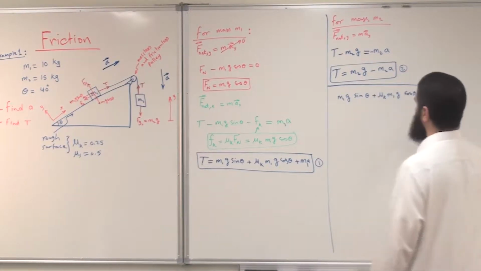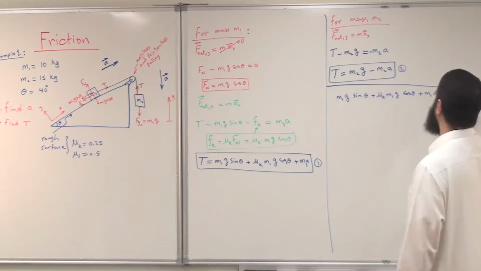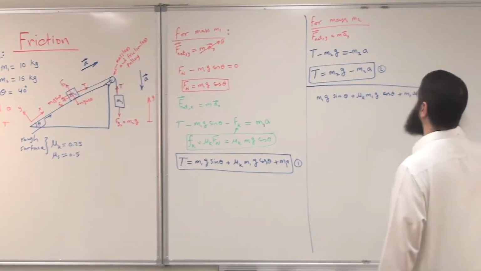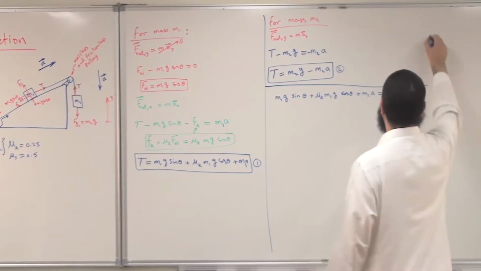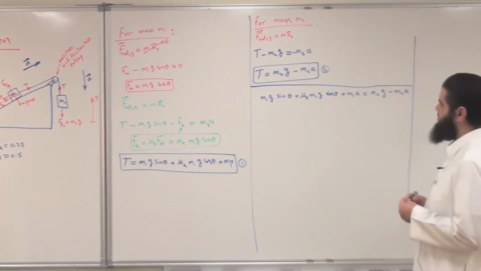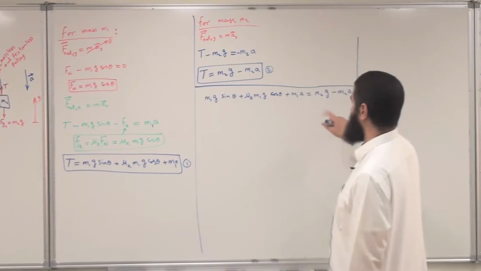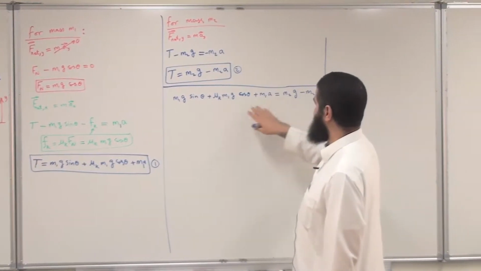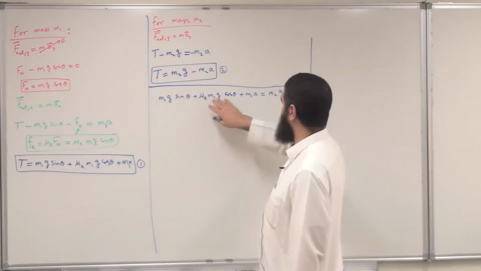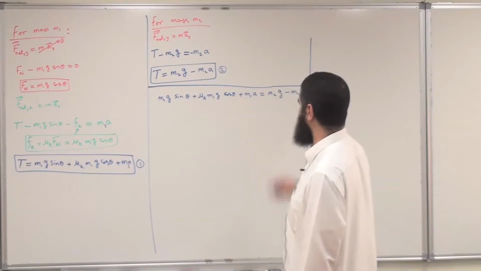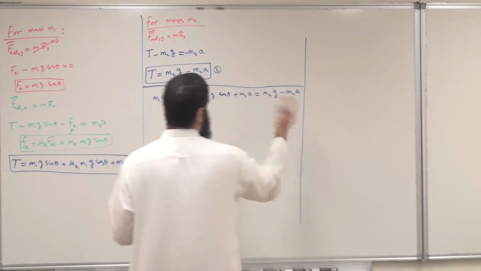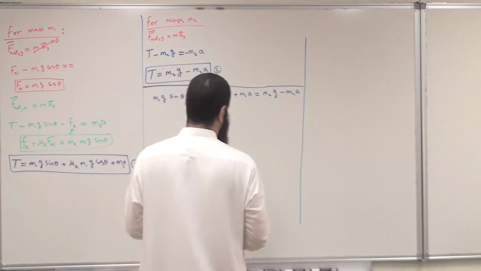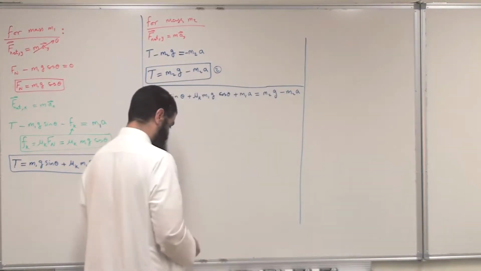All of this is equal to m2 g minus m2 a. Here if you look and concentrate on this equation, everything is given and known except the acceleration. So let me bring the acceleration to one side and everything else to the other side.